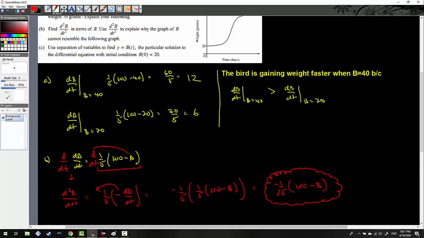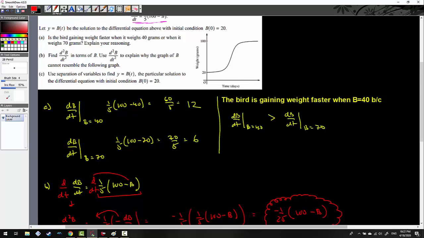Now it says, use d squared B over dt squared to explain why the graph of B cannot resemble the graph. So, kind of a confusing question, but let's take a look at what we know here. If we look at the graph that we are given, this logistic-looking graph, the S-curve, for anyone in Calc AB who doesn't know the logistic graph, it's this thing that looks like an S. Let's look at the graph here.